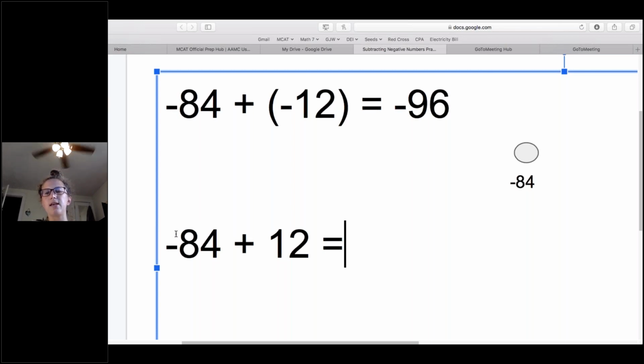No, they're different. One's negative, one's positive. That's telling me that if my signs are different, I really want to find the difference of these, or think about if these were positive and I subtracted them, what would I get? So if you think about positive 84 minus positive 12, what would you get?